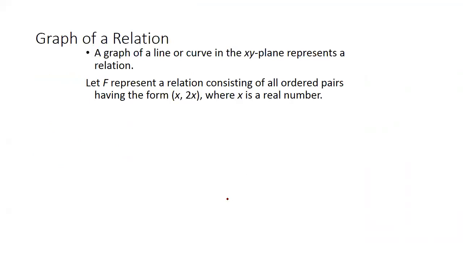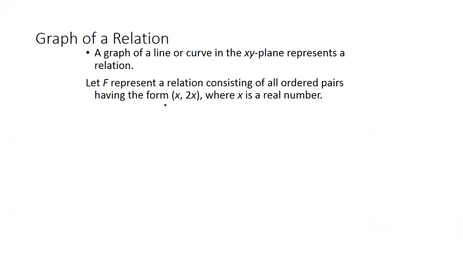The graph of a line or curve in the xy plane corresponds to the relation. So a graph of a straight line would be a relation. Later we're going to look at the different conics, parabola, hyperbola, ellipse, circle, and all that, and determine whether they are functions or not, or a relation.